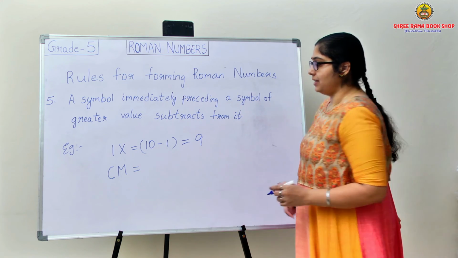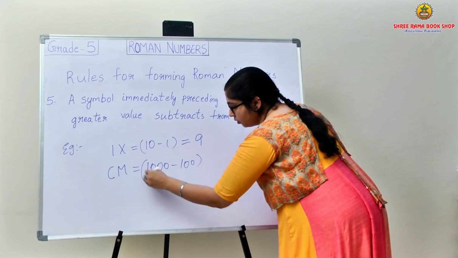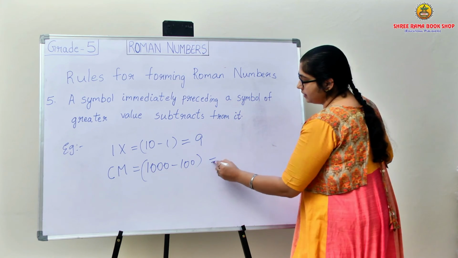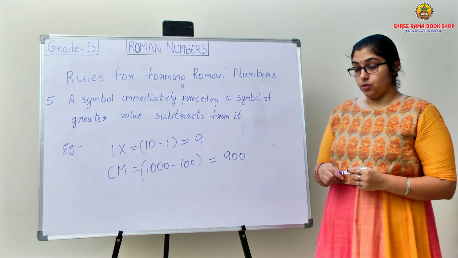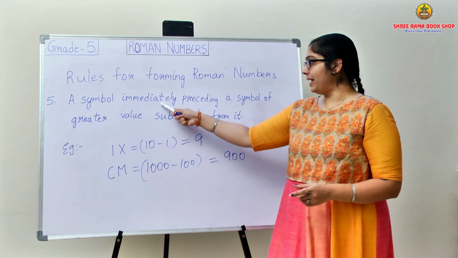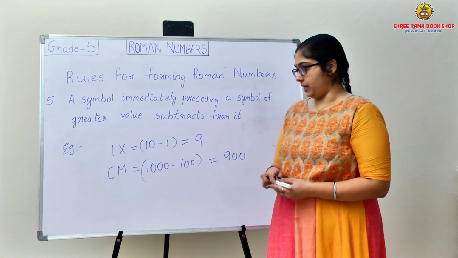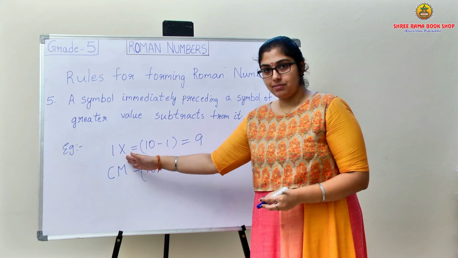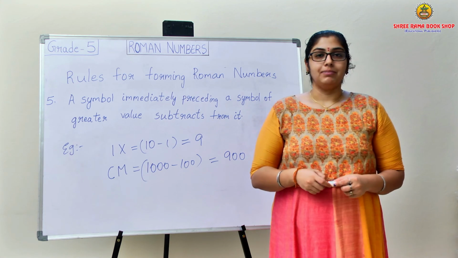So I need to subtract 100 from 1000. So 1000 minus 100 is nothing but 900. So CM represents 900. This is the rule which states that a symbol immediately preceding a symbol of greater value subtracts from it. So now we will go for rule number 6.